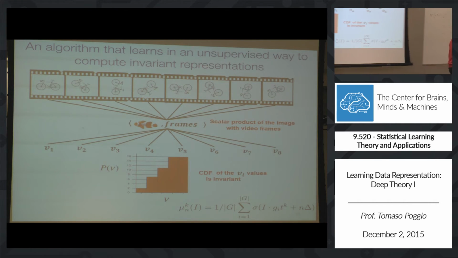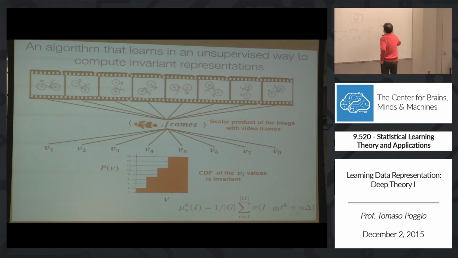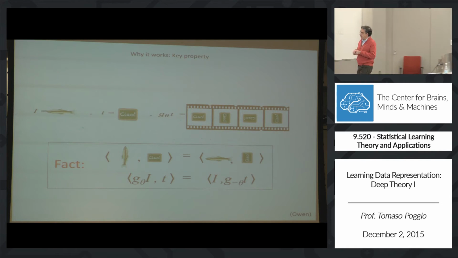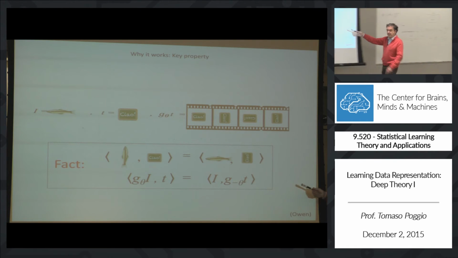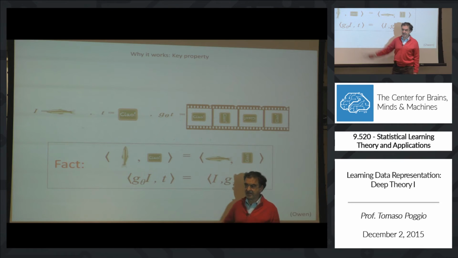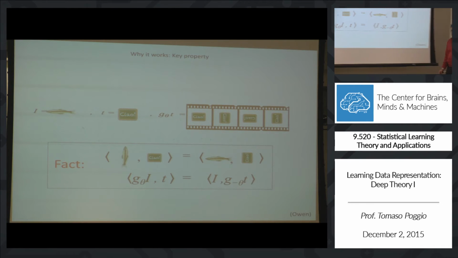suppose I have, let me see if I have a slide to show it more pictorially. So there is a property of the dot product, maybe that's what you meant, is that this dot product is the same as this, in space.